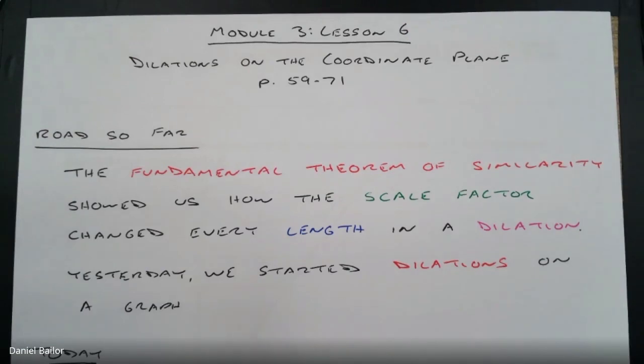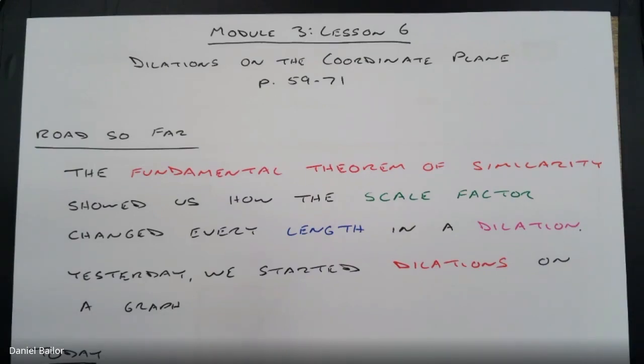So far, what have we learned? Well, we talked a few lessons ago about the fundamental theorem of similarity, which we abbreviated FTS because that's a lot to write. In your notes, you can just write FTS. FTS showed us how the scale factor changes every length in a dilation.